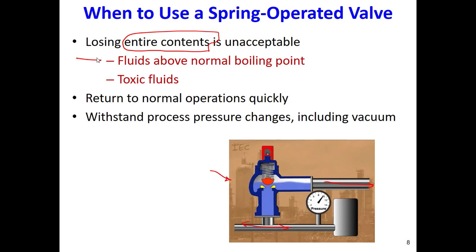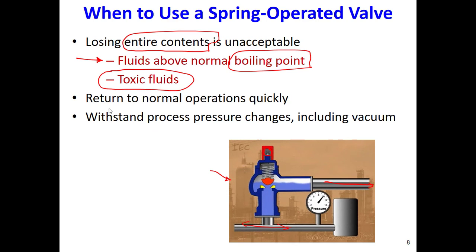When we have fluids that are operating above their boiling point, when we have toxic liquids that, if we relieve all of them, can be dangerous for the workers, for the environment, society, whatever.